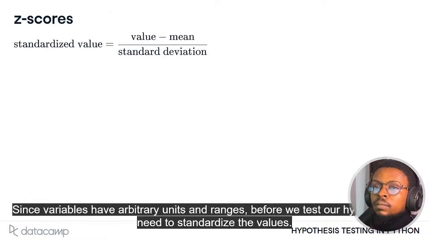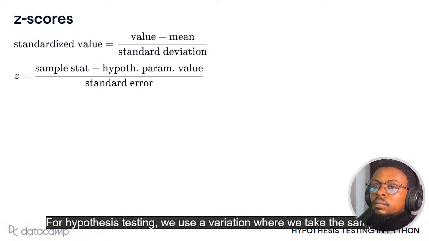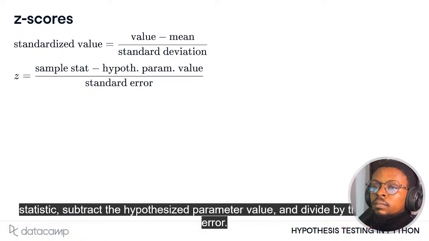Since variables have arbitrary units and ranges, before we test our hypothesis, we need to standardize the values. A common way of standardizing values is to subtract the mean and divide by the standard deviation. For hypothesis testing, we use a variation where we take the sample statistic, subtract the hypothesized parameter value, and divide by the standard error.